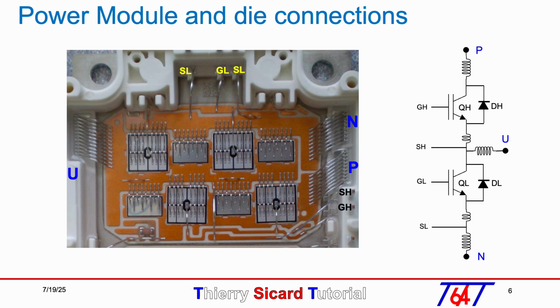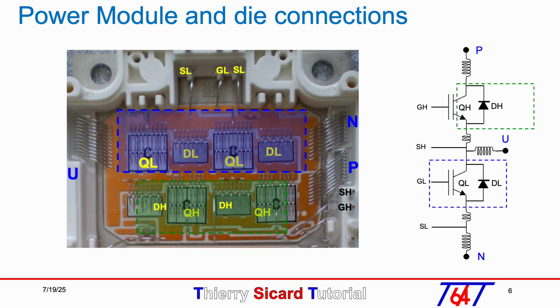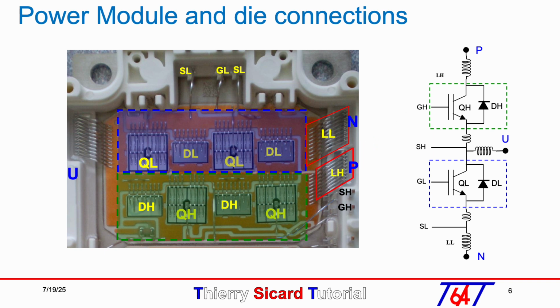In this slide, we extract the half-bridge schematic of this IGBT power module with the lower switch QL in blue and the upper switch QH in green. We continue with the parasitic inductances LL and LH connecting the negative and positive power supplies respectively. We also have the output parasitic inductance L out.